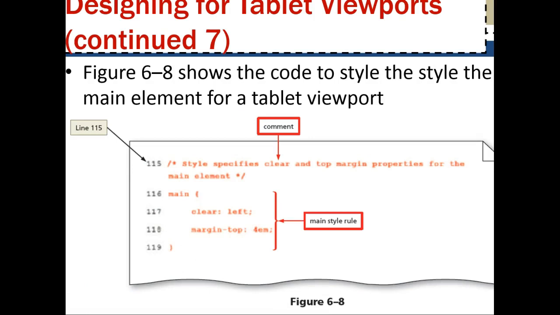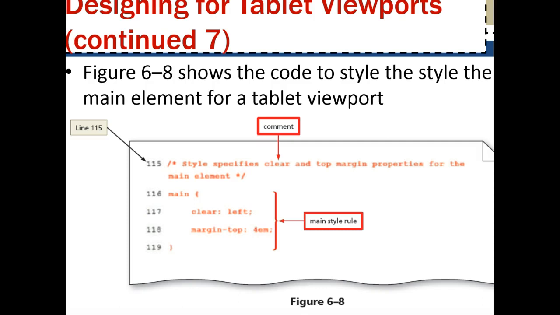Figure 6.8 shows the code to style the main element for a tablet viewport. On line 115, we have the comment. In line 116, we type main and open bracket. Then line 117, we type clear left to add the property value.